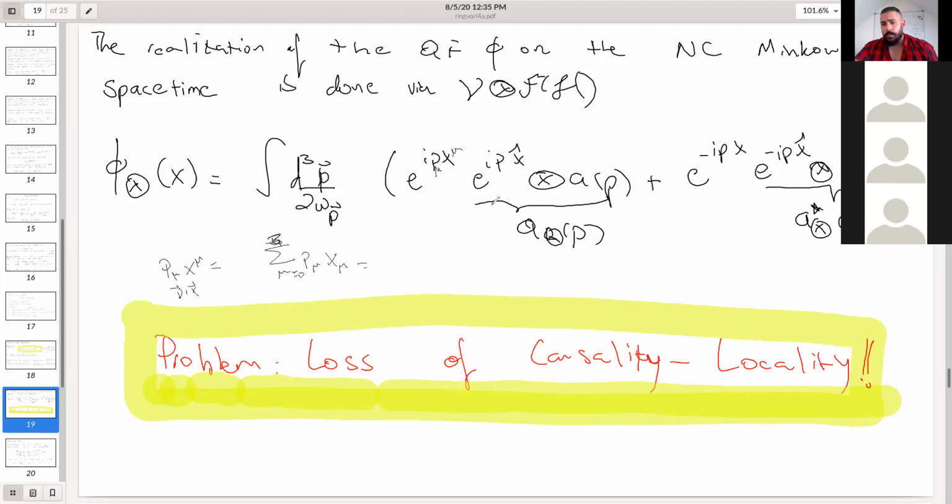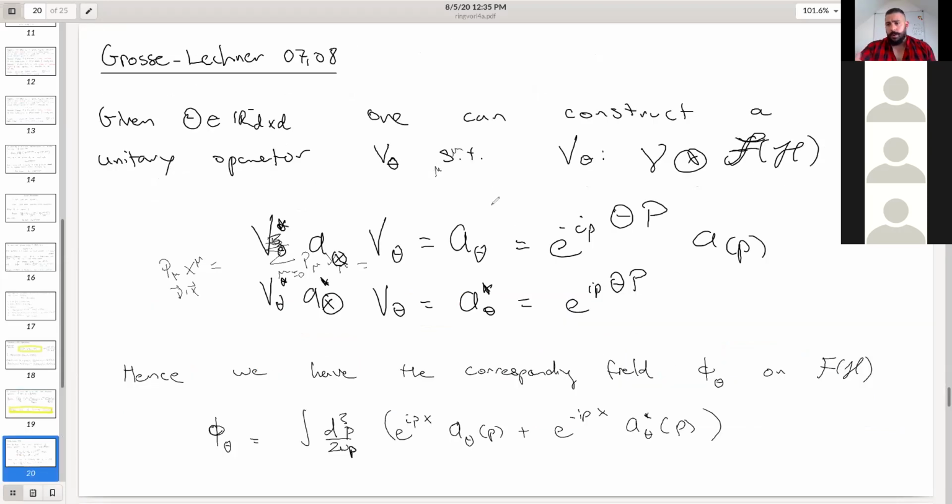Of course, you can do non-commutative, non-relativistic quantum field theory, but this is not what we were interested in in the first place.